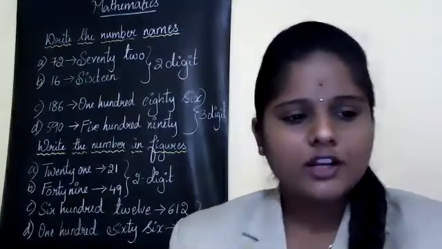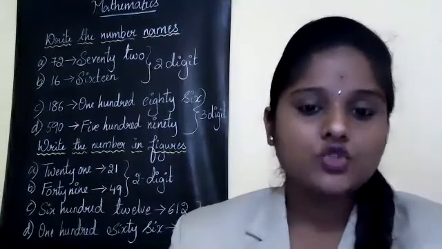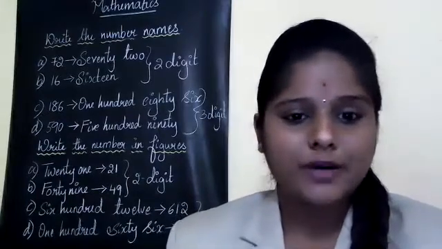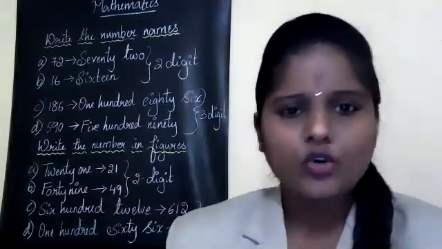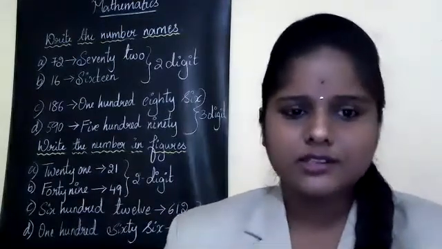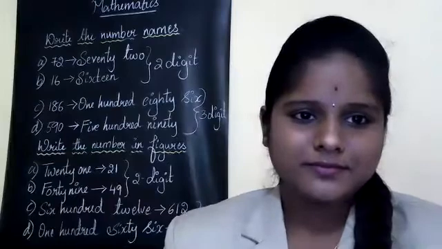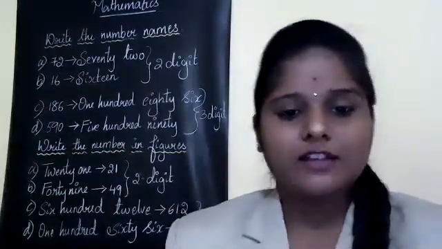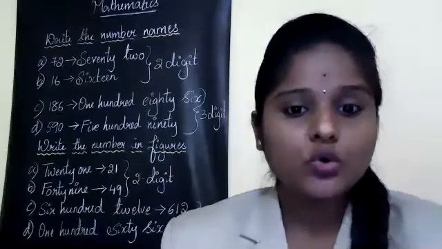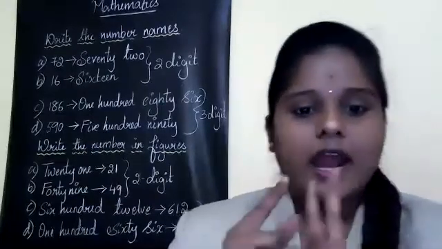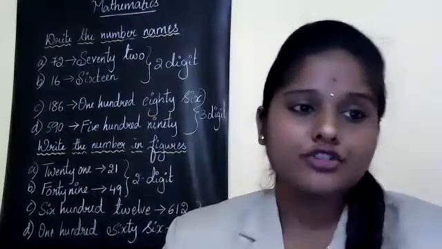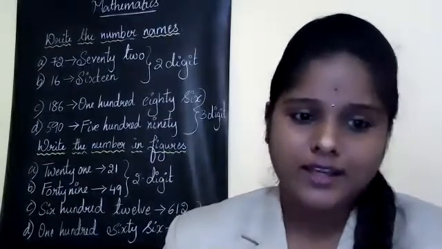Okay? So what is that first example? 21. How to write 21 in numbers? 2, 1. Very good. So 21, we will write it as 2 in the tens place and 1 in the ones place. So that is how we are going to write 21, isn't it?